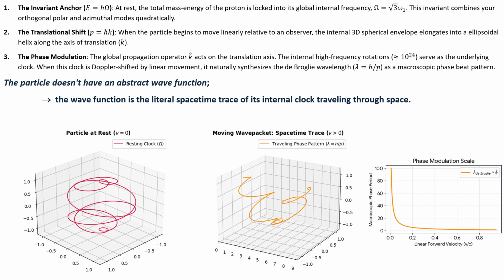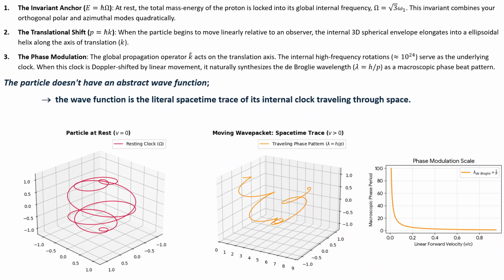Translational shift, we talked about that, is when the particle begins to move linearly relative to the observer. The internal 3D spherical envelope starts elongating into an ellipsoidal helix along the axis of translation, which we will label as direction K, using an imaginary unit, like in quaternion algebra.